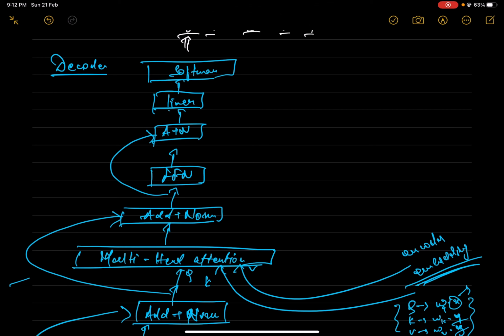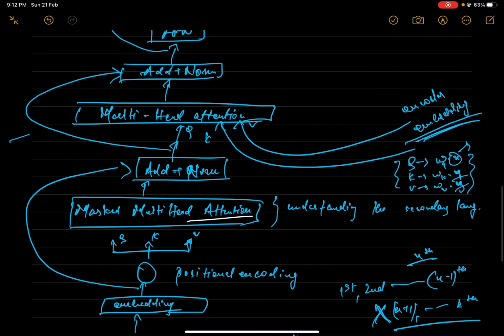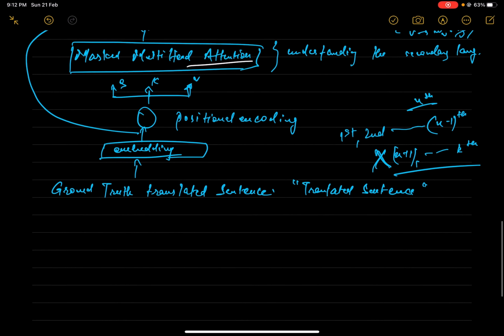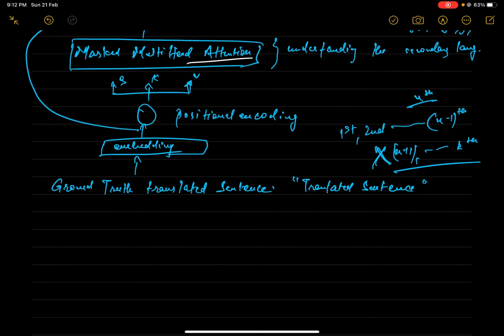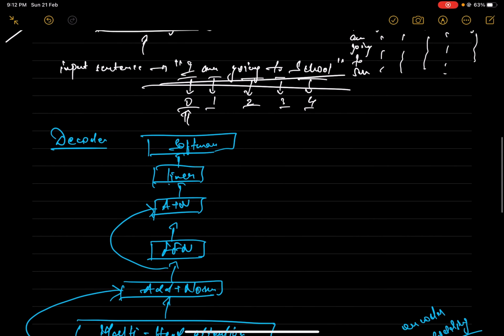Basically, it takes a set of words from the translated sentence, takes only the previous words, and predicts the next word over here.